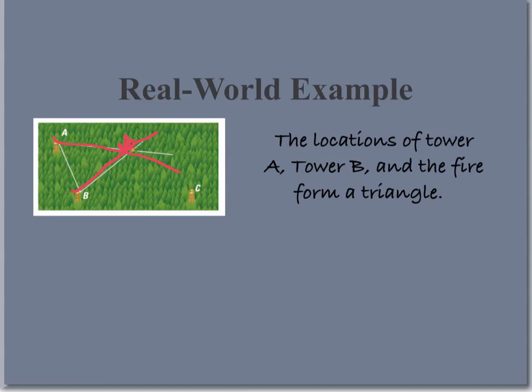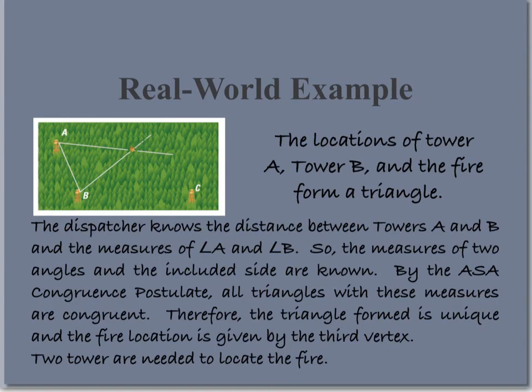Okay? So, question, if we know this angle right here that person A is seeing the fire at, and we know this angle that person B is seeing the fire at, and we know the distance between those two towers, do we have enough to prove that those triangles are congruent? Guess what? The answer is yes. The dispatcher knows the distance between towers A and B and the measure of angle A and angle B. So the measures of two angles and the included side are known.